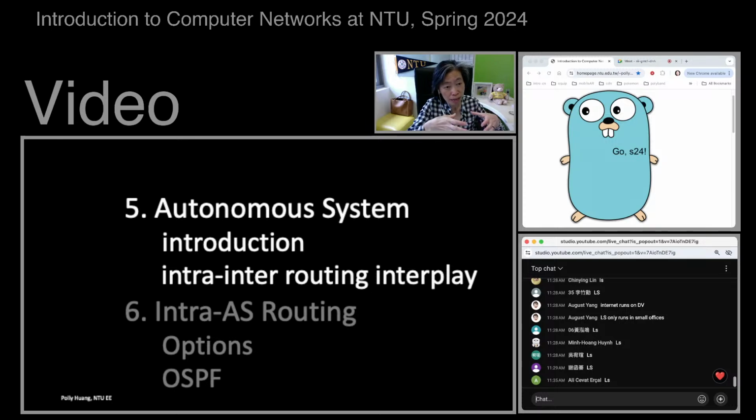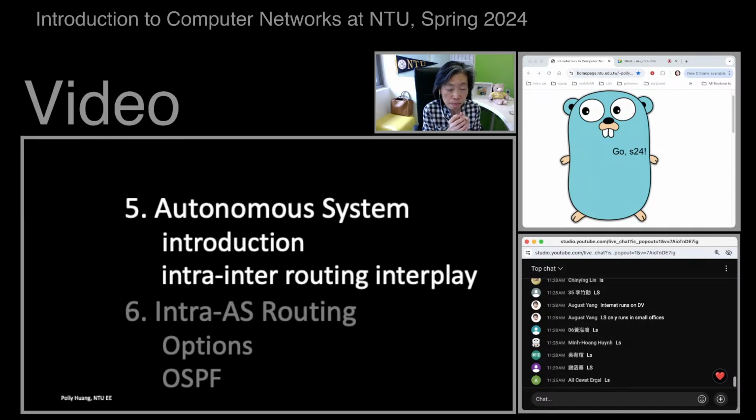These routers within an AS will run a routing protocol, and that is called the intra-AS routing. And then these delegate routers will now be called the gateways. These gateway routers from across many ASs will run another routing protocol that's called the inter-AS routing protocol.